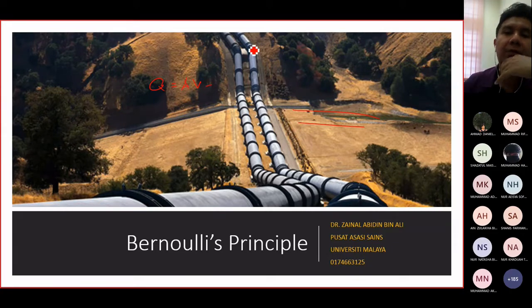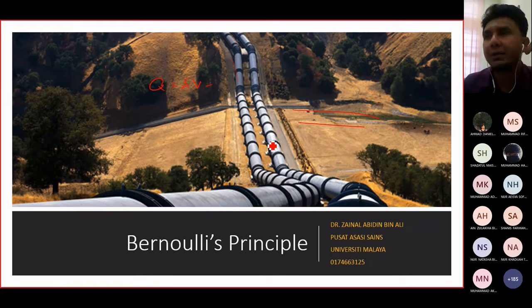Sometimes it comes from the top of a hill and goes to the ground and then goes back up. So the shape of the piping, how they build it, is different from one place to another. It serves a different purpose.